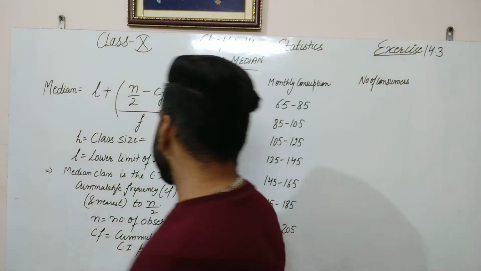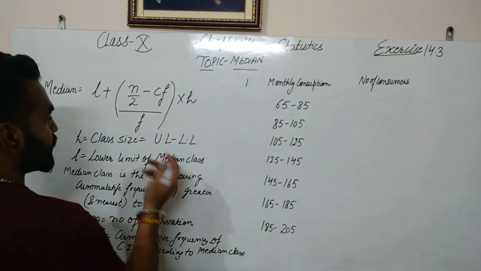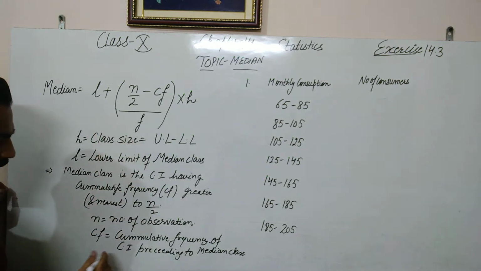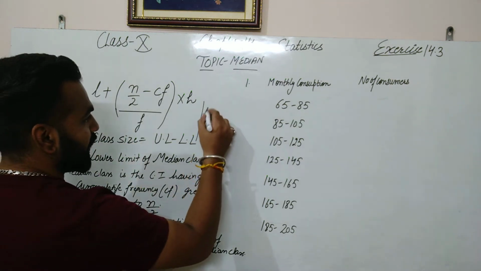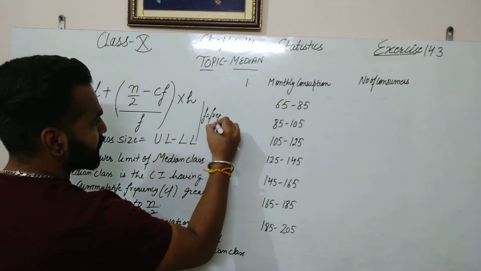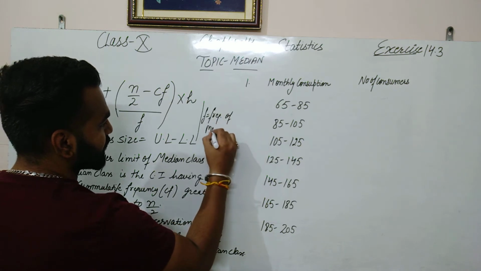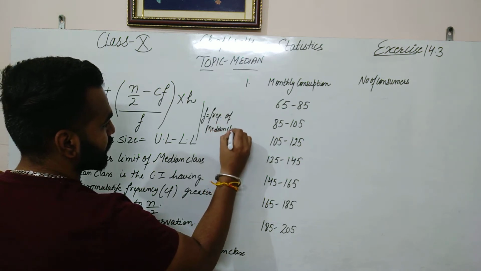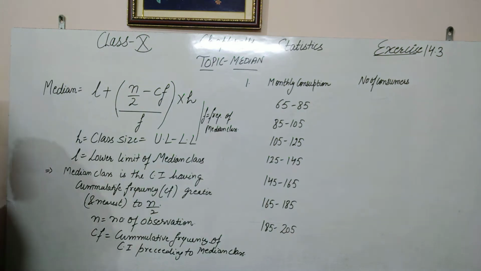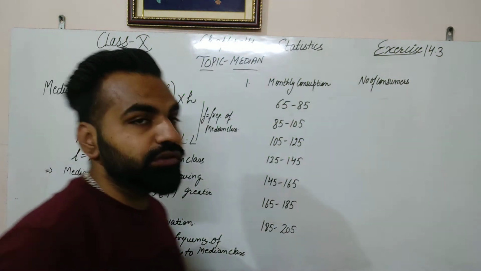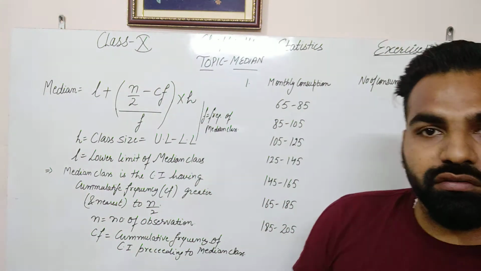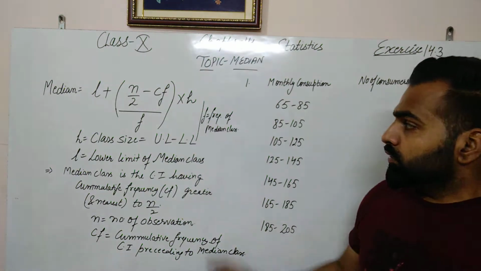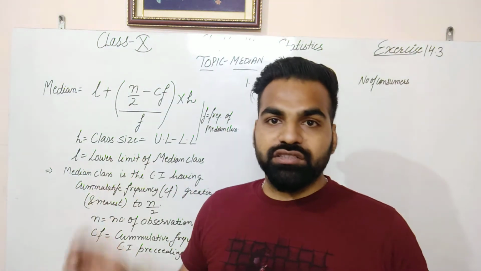Clear? And what is F here? So I am writing here, F is frequency of median class. So these are the terms basically which are used in the formula of median. So this will be more clear by solving question.